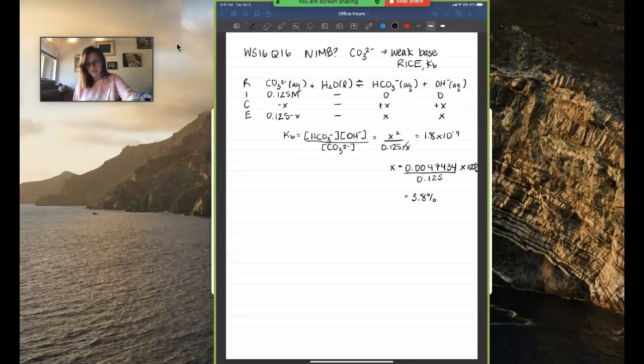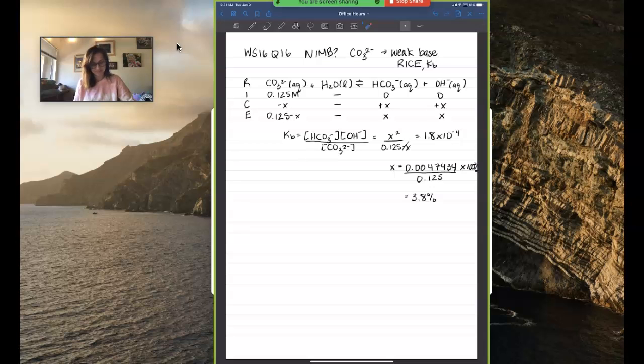So as long as x is less than 5% of the initial concentration, saying it's not going to change all that much, then you can say x is small enough to ignore it. If it ends up being greater than 5%, then you're probably going to need to do the quadratic, or if you end up with a polynomial, then the method of successive approximations that I taught in one of the chapter 16 lecture videos.